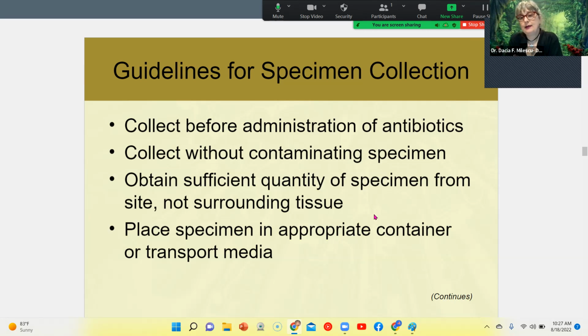Collecting without contaminating the specimen is key. There's technique in doing that, not touching other surfaces, not touching the skin, but going directly to the wound. There is a method to the madness. There's a protocol. There's a talent involved. There's definitely a learning curve to collecting the specimen. So place the specimen in an appropriate container.